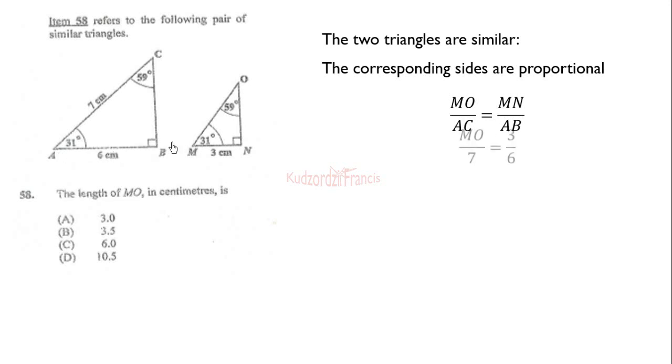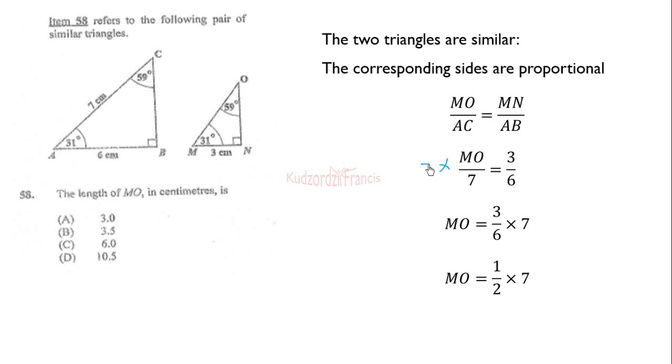Therefore, we substitute the values, and we know that 3 over 6 is the same as half. So half of 7 will be equal to 3.5. We get this by multiplying both sides by 7. The 7 will cancel, and we are left with MO equal to 3 over 6 times 7. And the correct answer will be 3.5.